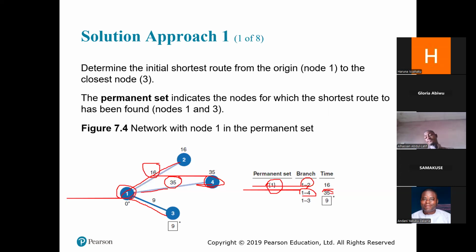The time it will take you to move from the origin to each of the destinations. Then branch 1 3. So that is this branch. You see that it is 9.